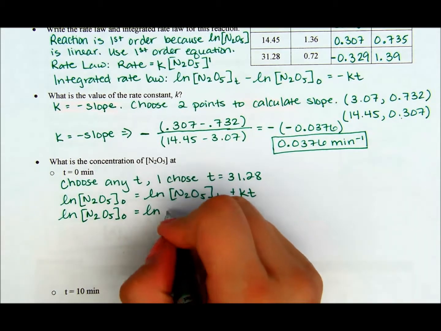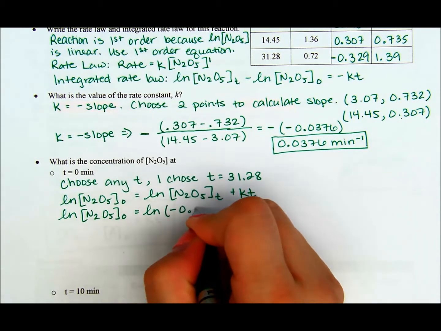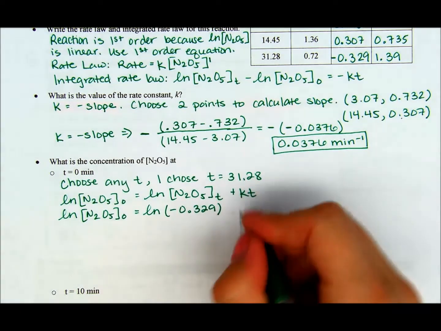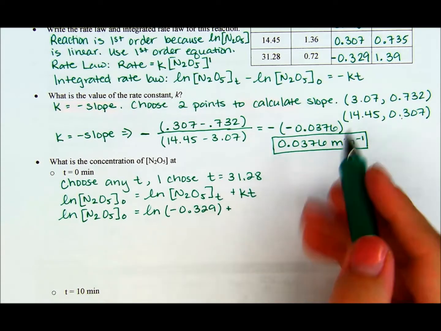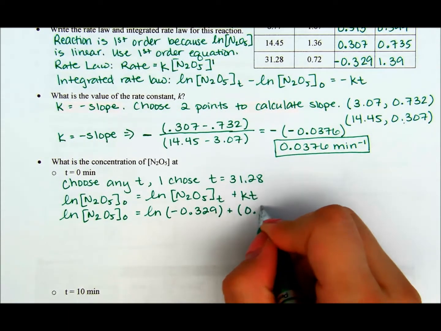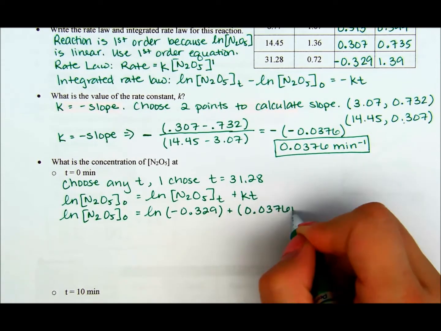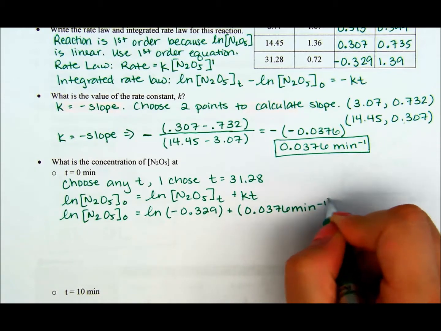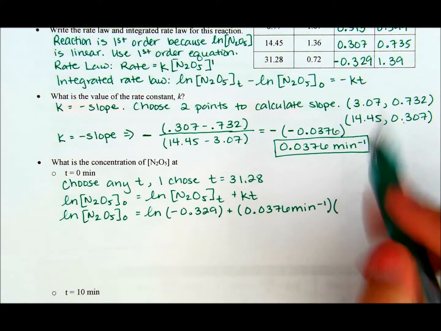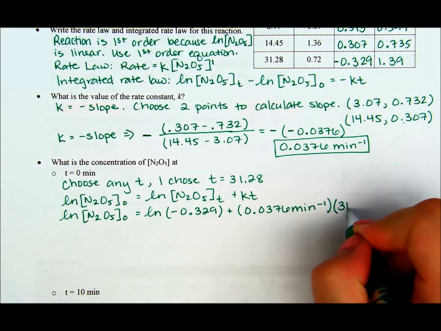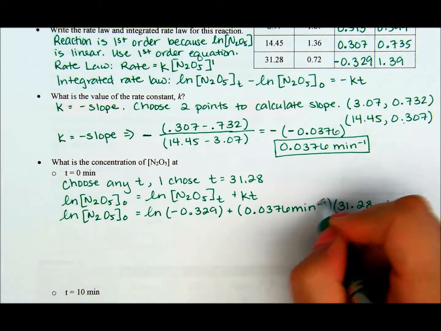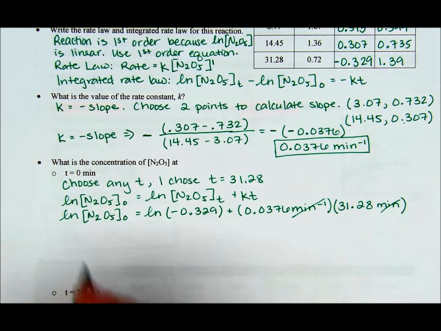So I'm going to plug in that point, negative 0.329, plus the k. We already calculated our k up here, 0.0376 inverse minutes, and my time t, the other point right here, 31.28 minutes. And of course, these units are going to cancel out here.